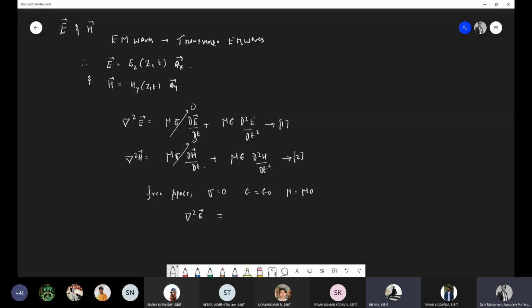Del square E is equal to mu naught epsilon naught dou square E by dou T square. Call it as equation number 3. Del square H is equal to mu naught epsilon naught dou square H by dou T square. Call this as equation number 4.